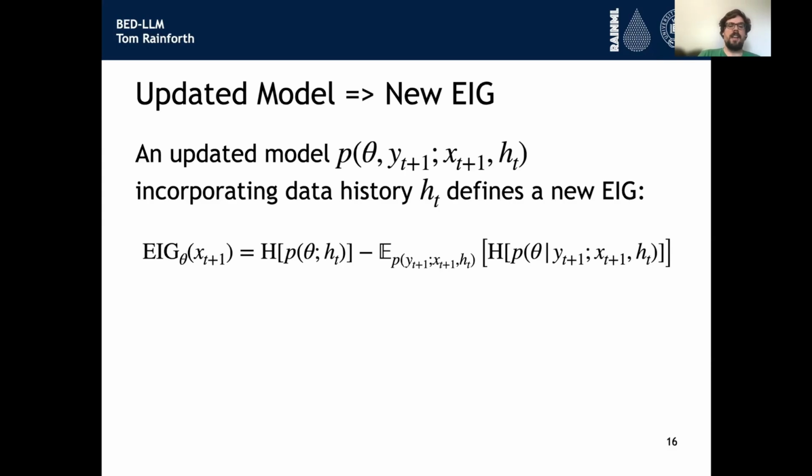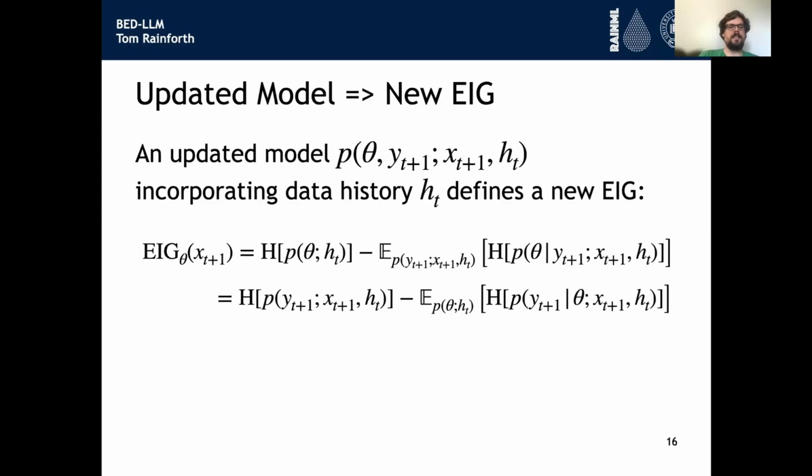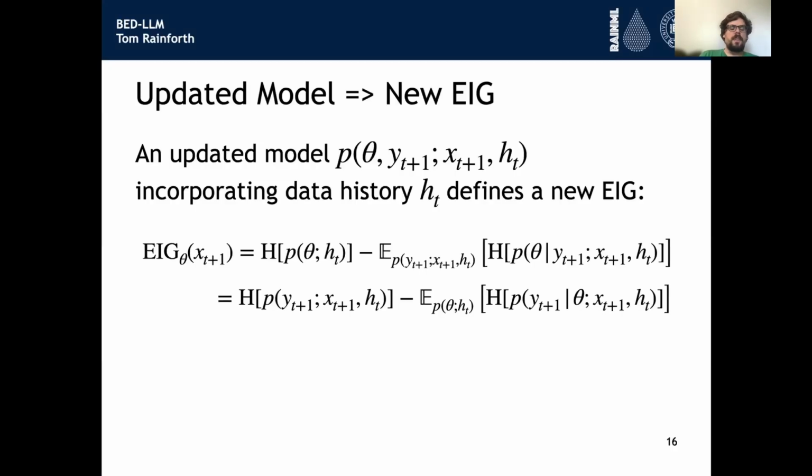We have the entropy of p(theta given h_t), noting this is independent of our query itself, minus the expectation over the possible data, given the history and the next query, of the posterior entropy we'll get once we've seen everything. So we've got this mechanism where we can iterate between updating our model and then using this expected information gain to choose these designs.